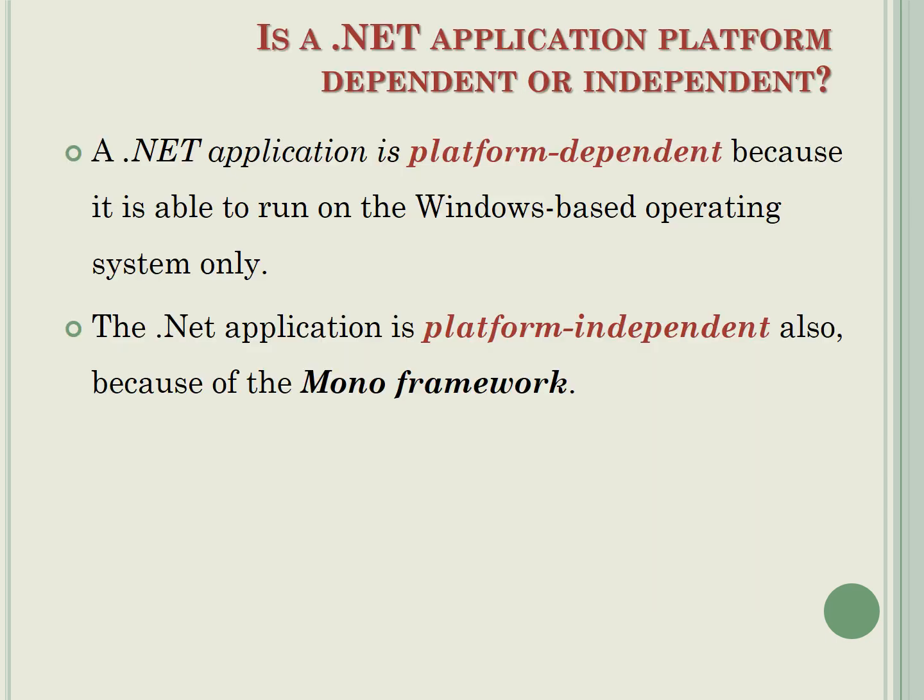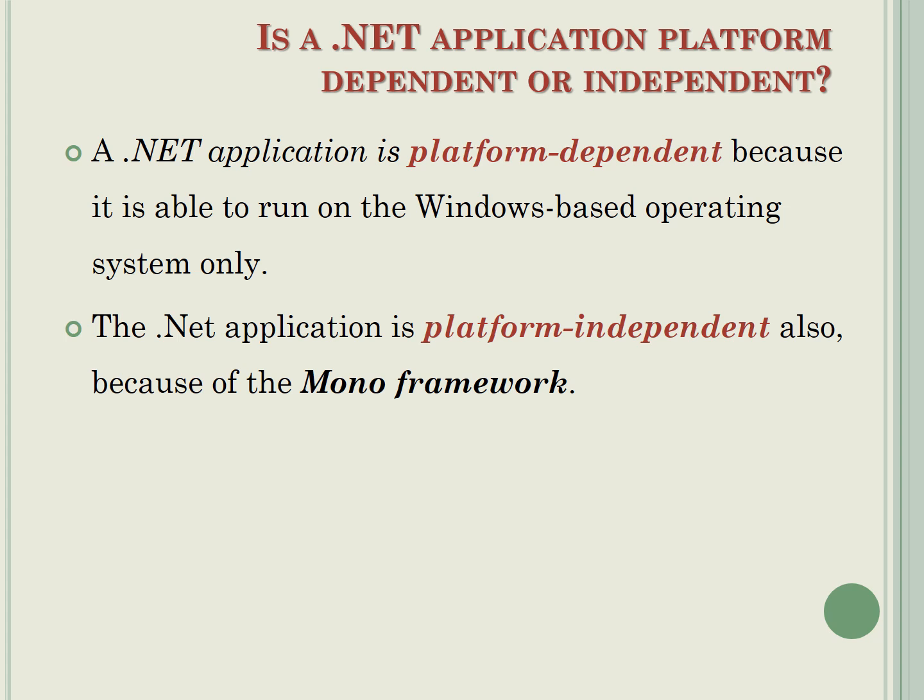Next we can see a question. Is a .NET application platform dependent or independent? Here the combination of operating system architecture and CPU architecture is known as platform. Platform dependent means the programming language code will run only on a particular operating system.